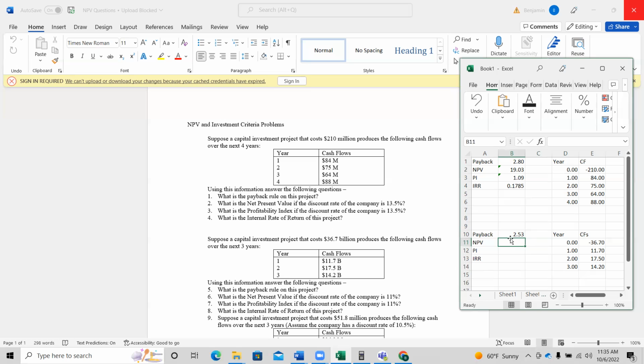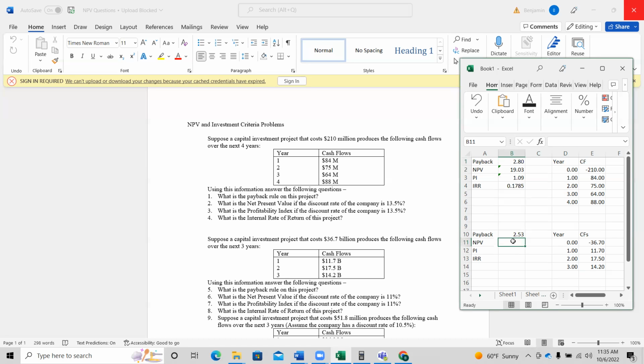You'll see that the second project, we're going to pay that initial cost back sooner, 2.53 years instead of 2.8 years. So the payback method allows us to quickly compare the 2 different projects. And to the extent that we want to be paid back sooner rather than later, and that should be our objective, it looks like the second project might be more favorable than the first project.